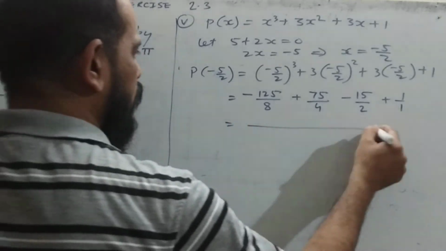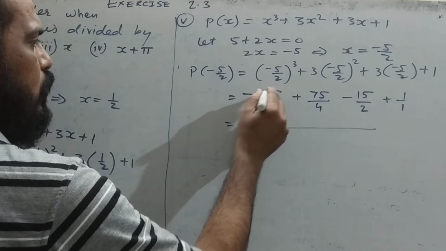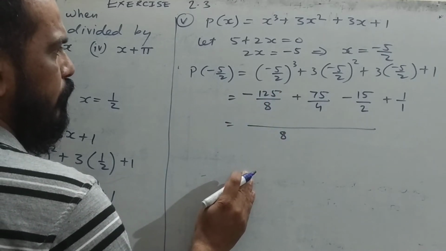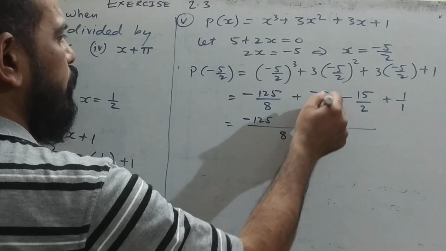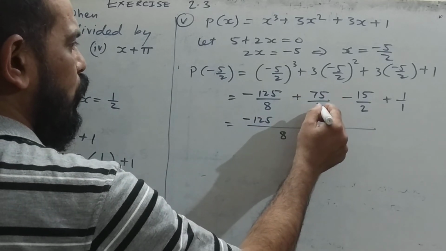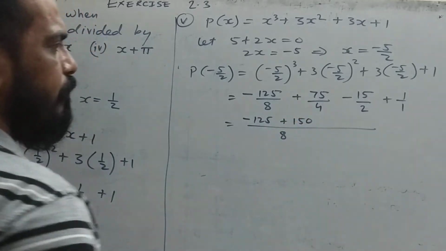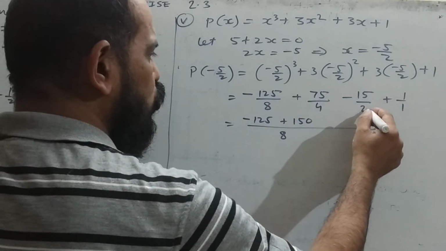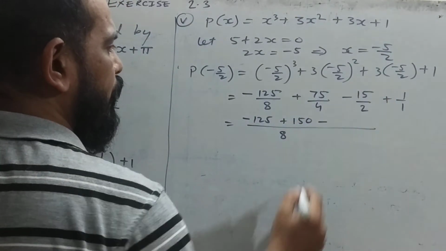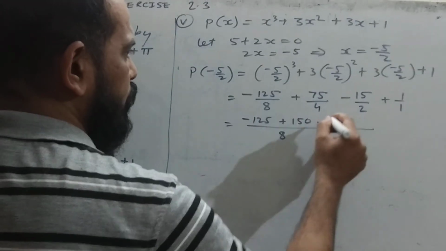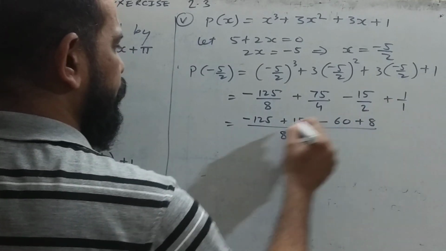Here the LCM is equal to 8. 8 ones are 8, so multiply by 1. It will be minus 125. 4 twos are 8, multiplied by 2. 4 twos are 8, multiply by 4, it is 150. And then 2 fours are 8, so multiply by 4, 15 fours are 60. And 1 eight is 8, so multiply by 8.